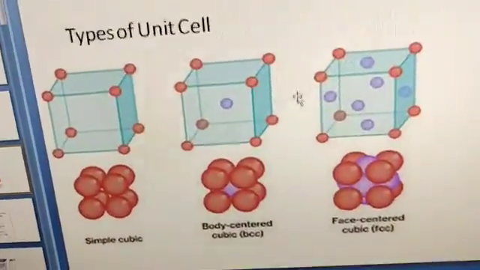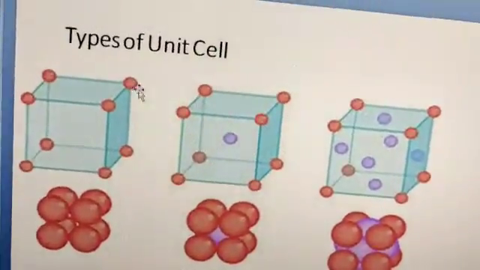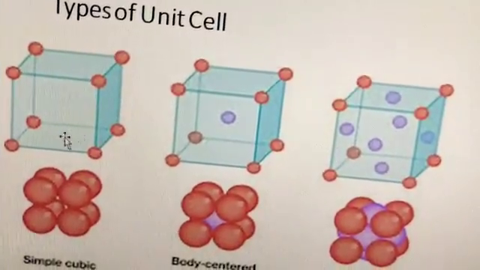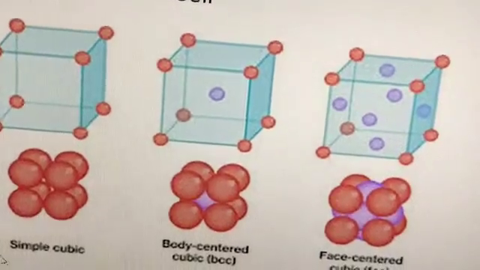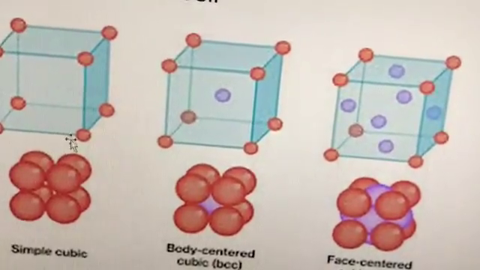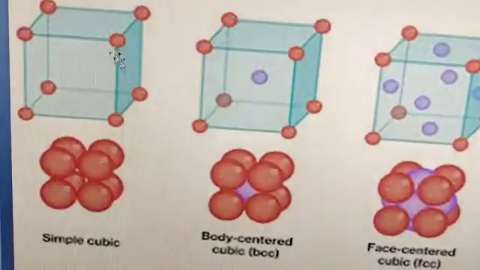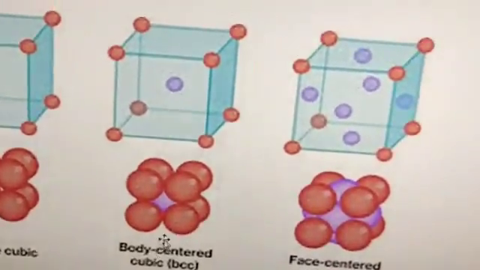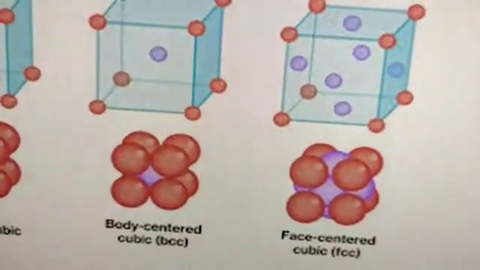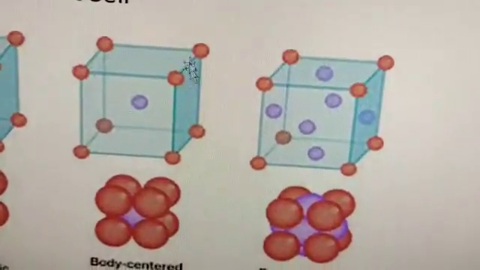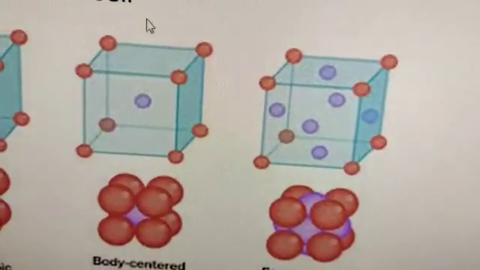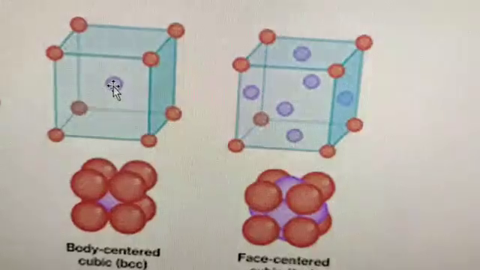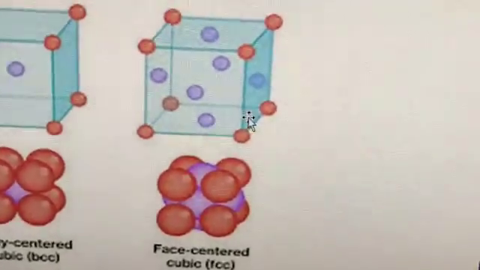See the types of unit cell, the main types we are going to study in this chapter. The first one is the simple cubic unit cell. In the case of simple cubic, the atoms are arranged only at the corners of the simple cube. Next one is the body centered cubic. Simply the atoms are placed at the 8 corners, and one atom is placed at the body of the unit cell.